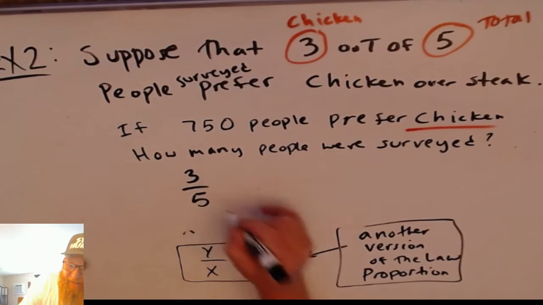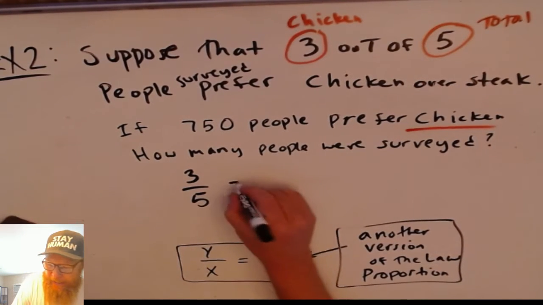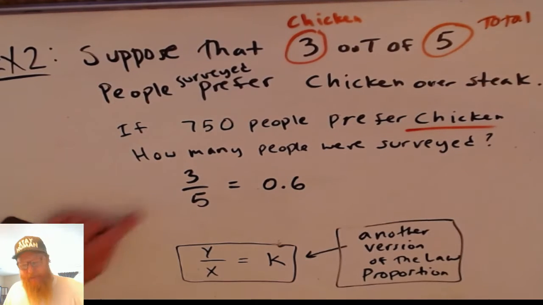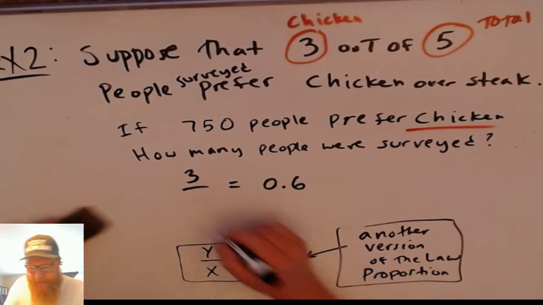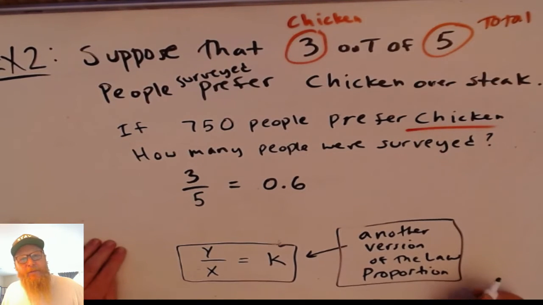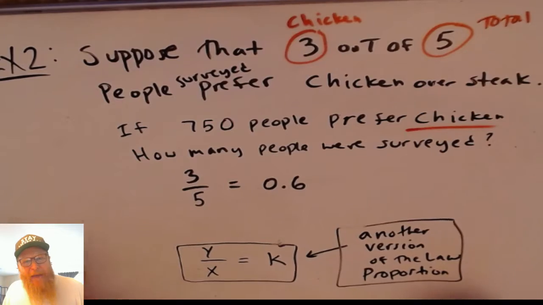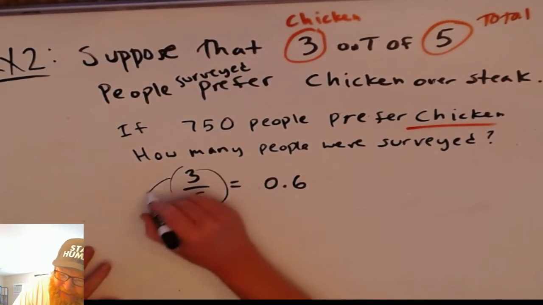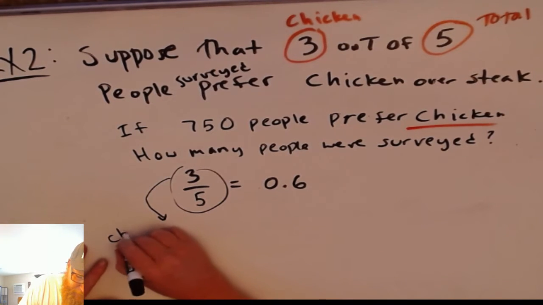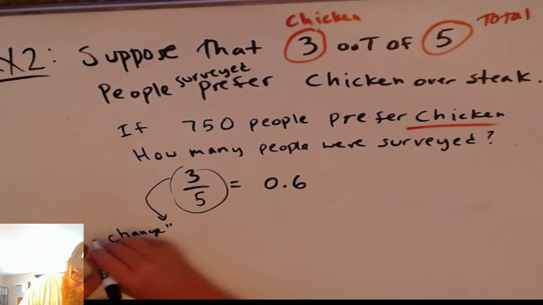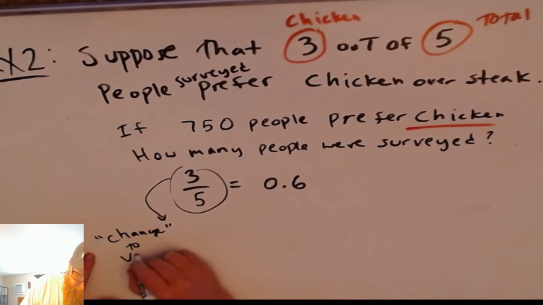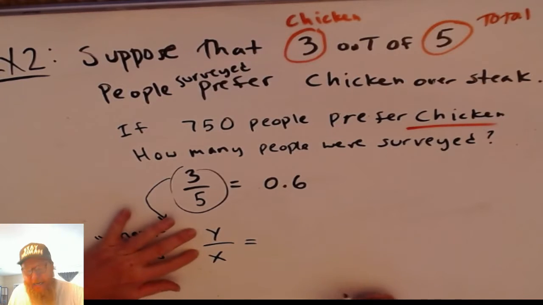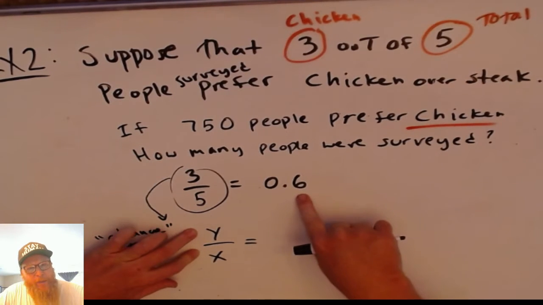3 out of 5 is constant, 60%. I already did that: 3/5 is 60%, or 6/10. And so that means I can change the variables X and Y, so we write them as y over x, but I don't change the 0.6.